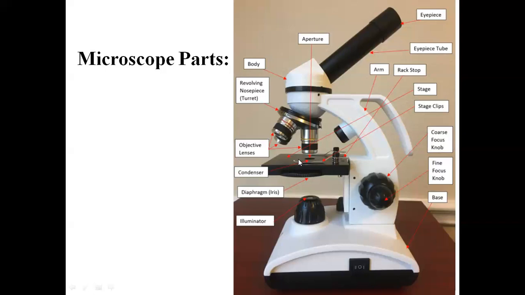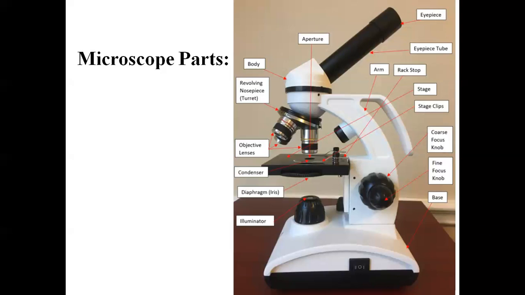You can see there are clips. These clips help you to hold your slide on the stage. Once you put the clips over the slide, the slide will not be able to move. Since your slide is fixed on the stage, you can easily view it.